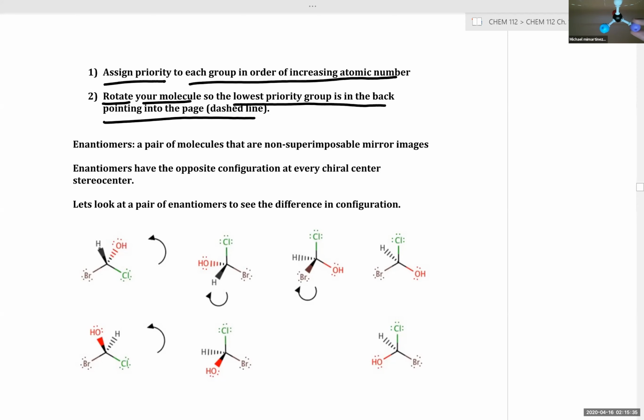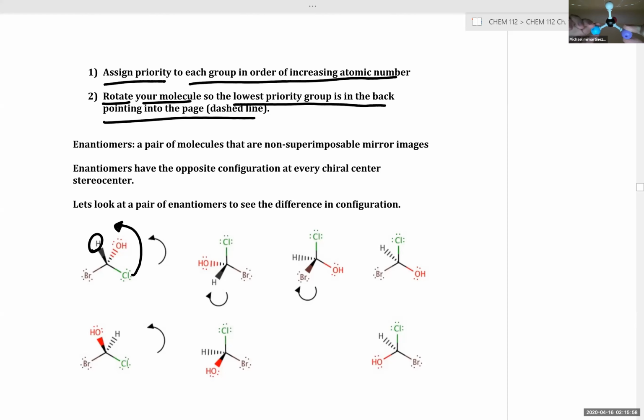Hydrogen, yep, exactly right. So what we're going to do is rotate this molecule so the hydrogen is pointing away from you. Our first step is to tilt this molecule and bring our chlorine up top.